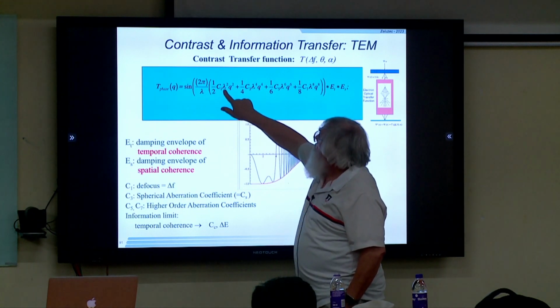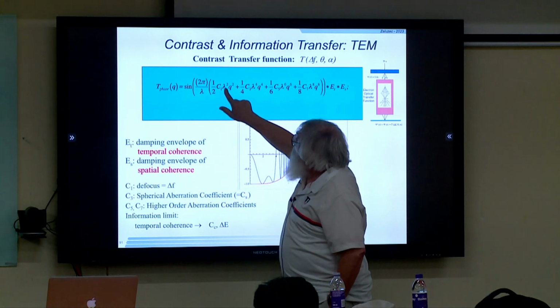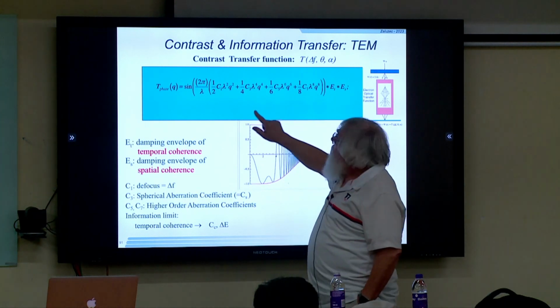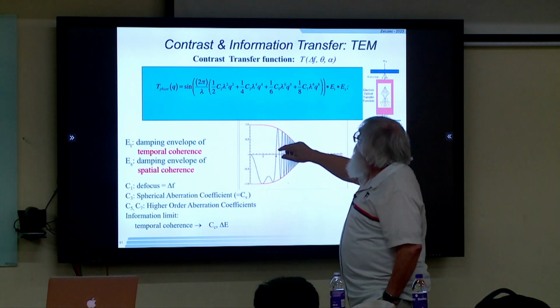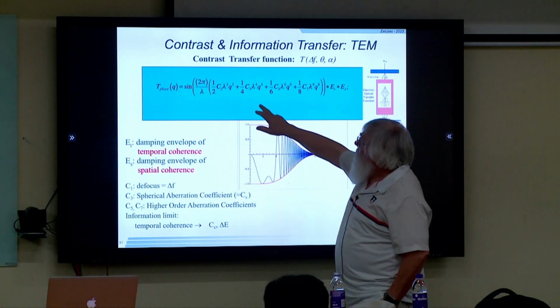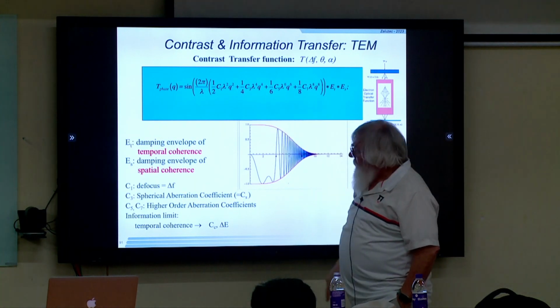It's a function of the various aberration coefficients, it's a function of the wavelength of the electrons, it's a function of the focuses of the lenses, and it's also a function, and I apologize, but I've changed notation here, it's all a function of angle, okay?